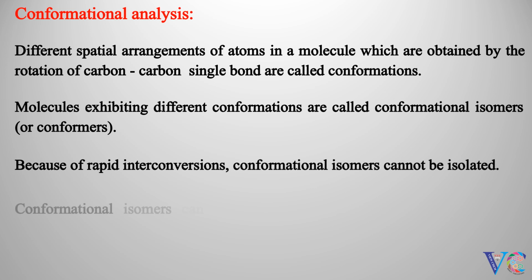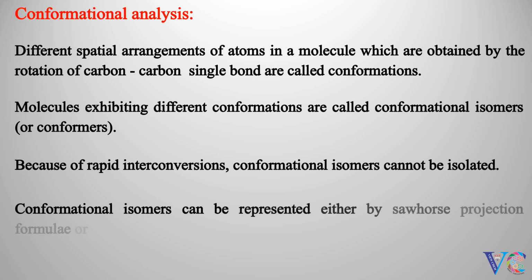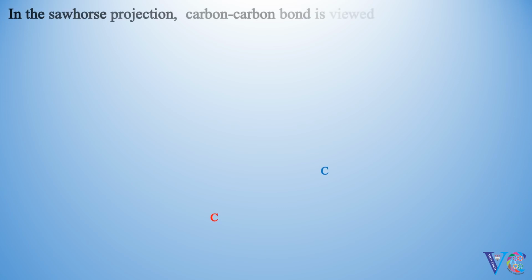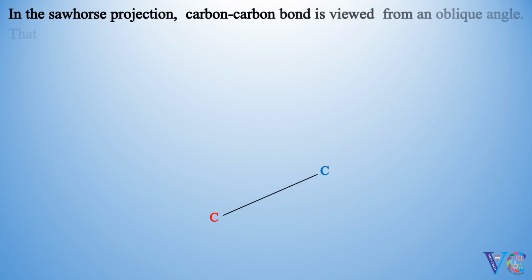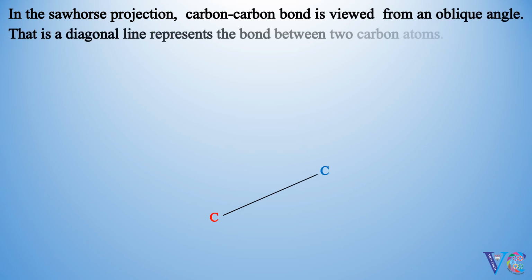Conformational isomers can be represented either by Sawhorse projection formulae or Newman projection formulae. In the Sawhorse projection, carbon-carbon bond is viewed from an oblique angle. That is, a diagonal line represents the bond between two carbon atoms.